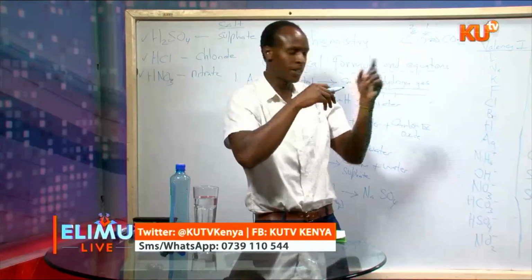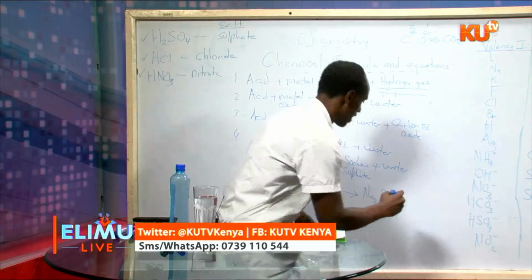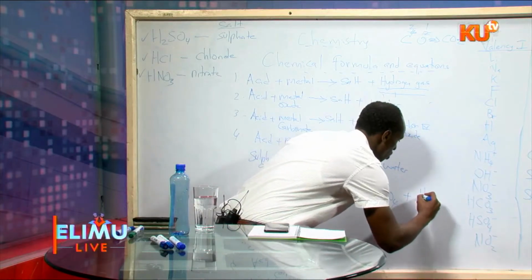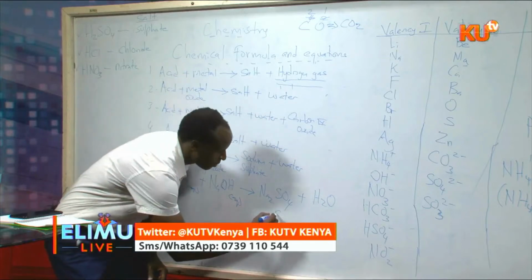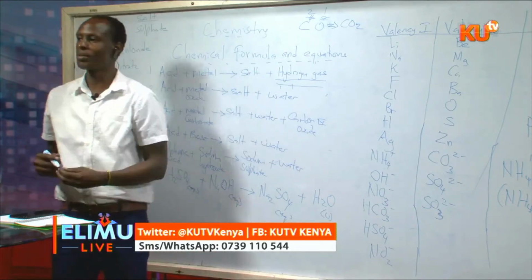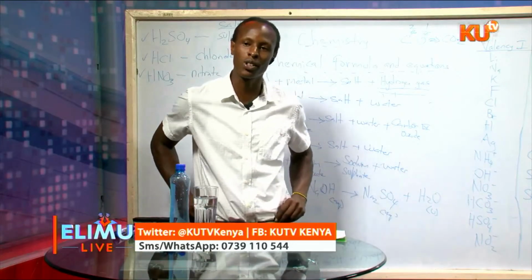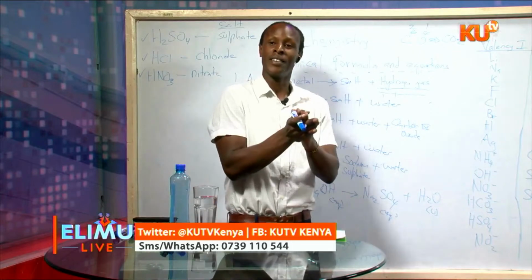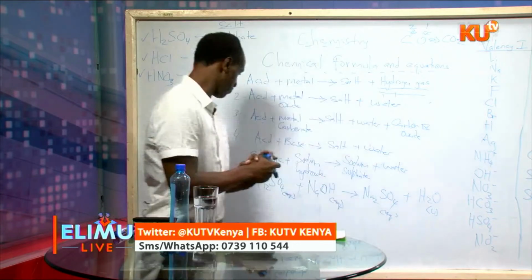Interchange: the 2 of sulfate comes to sodium. So Na2SO4 plus H2O. Sodium sulfate is aqueous and water is liquid. Sodium sulfate is aqueous because it's a salt. We have said most soluble salts are aqueous. That's the equation. Last step, confirm if the equation is balanced.